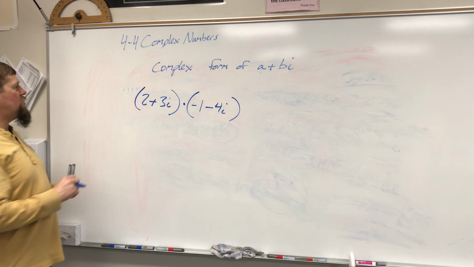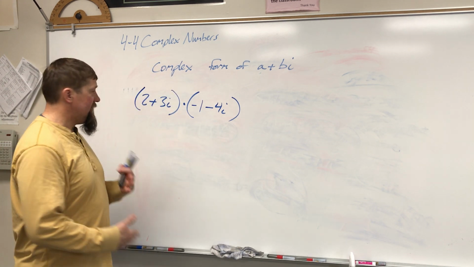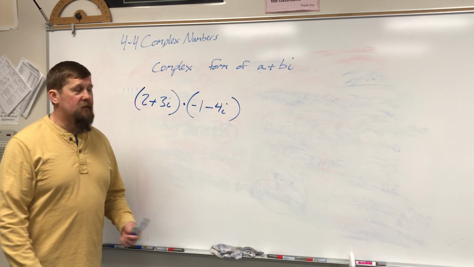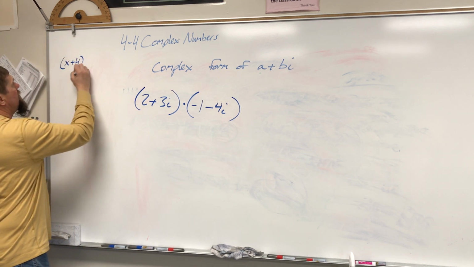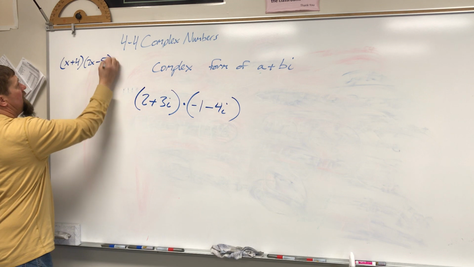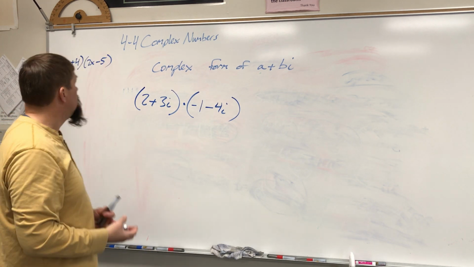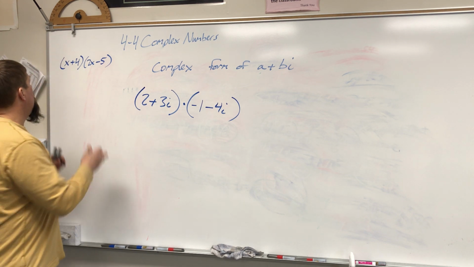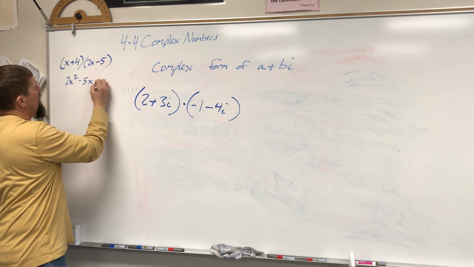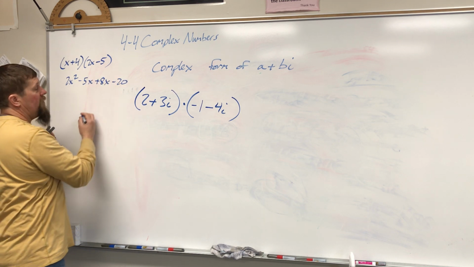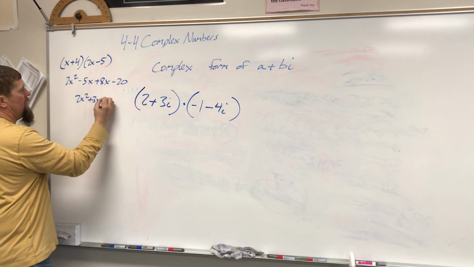When I have two complex numbers being multiplied together, it's just like multiplying two binomials. So if I was going to multiply x plus 4 times 2x minus 5, what would I do? Most of you are going to say you FOIL it. You would get 2x squared minus 5x plus 8x minus 20. So what I would get was 2x squared plus 3x minus 20.